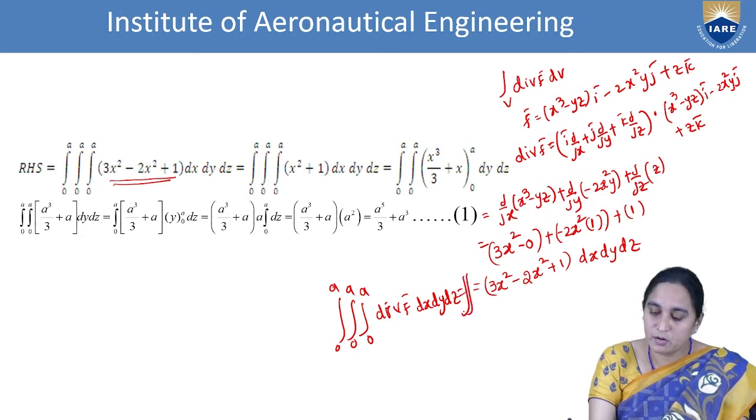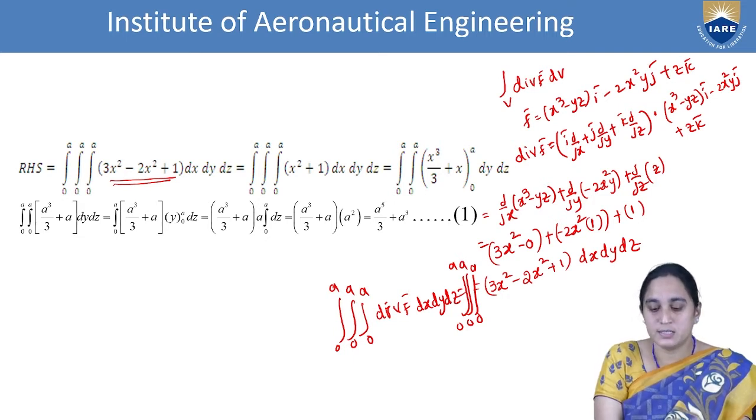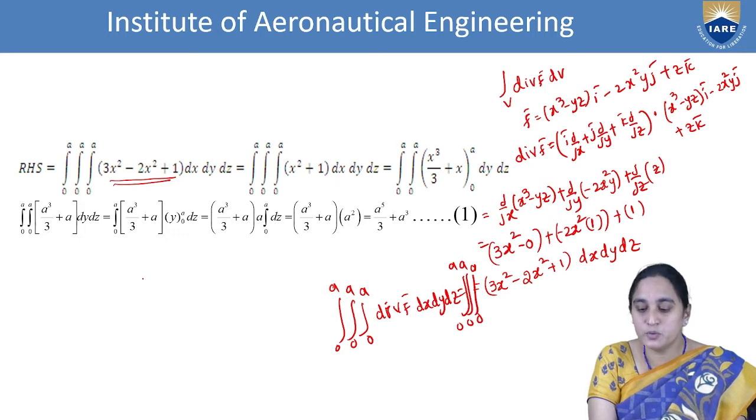triple integral of 0 to a, 0 to a, 0 to a, 3x square minus 2x square plus 1 into dx dy dz. Once you observe here, 3x square minus 2x square is x square, plus 1, into dx dy dz. First integrate with respect to x.